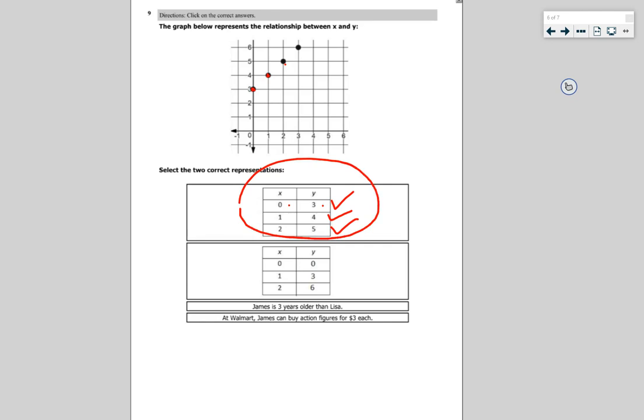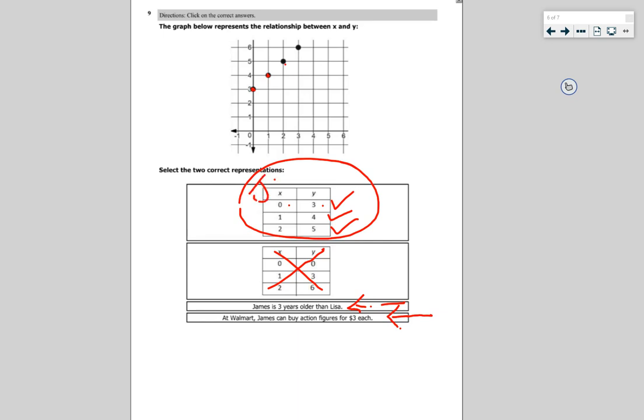Okay? And then I'm going to look at the 2 different options. Well, we know it's not this. James is 3 years older than Lisa, or James can buy action figures for $3 each. So let's think about it.